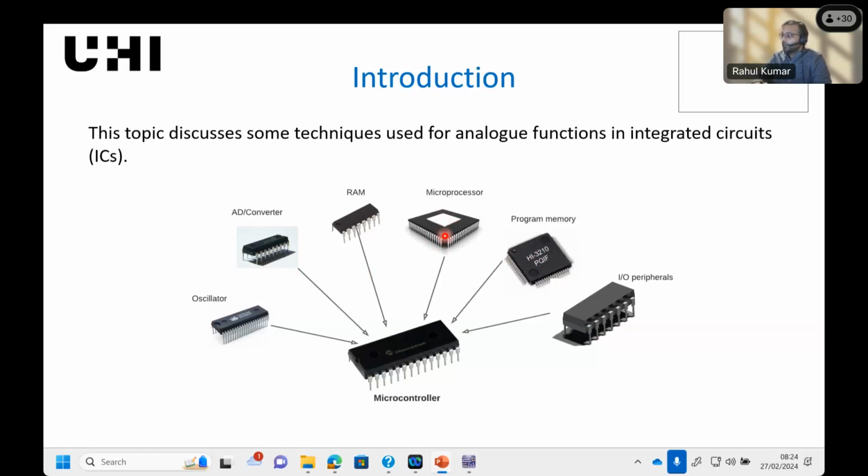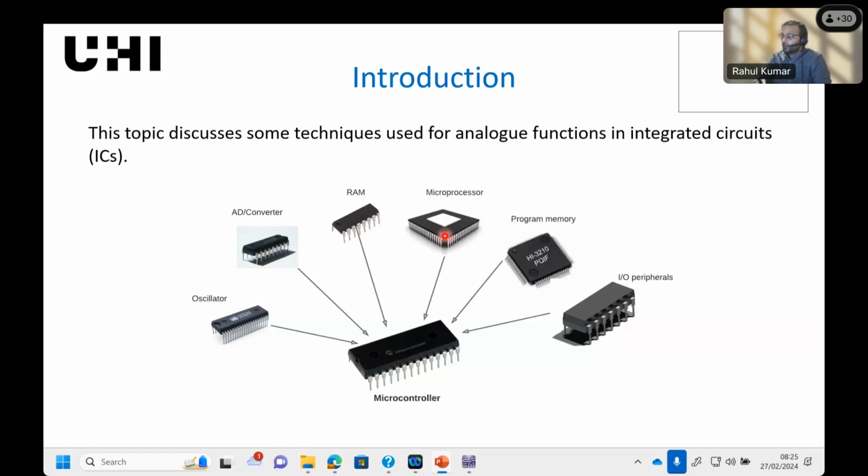So, for example, you have a microcontroller inside a car that can help with operating the engine or the braking system.